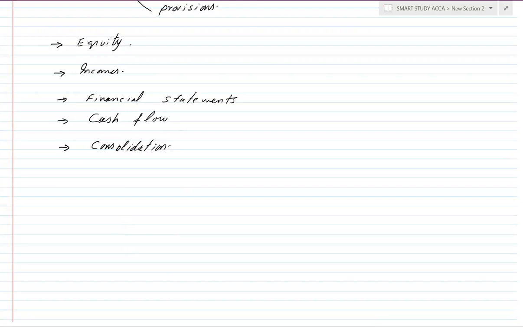So if there are more than one companies within the group and one company has purchased the other company, we will prepare individual financial statements for every company, and we need to prepare the combined financial statements for the whole group as well. So the combined financial statements for the whole group is called consolidated financial statements. So we need to prepare the consolidated financial statements as well.